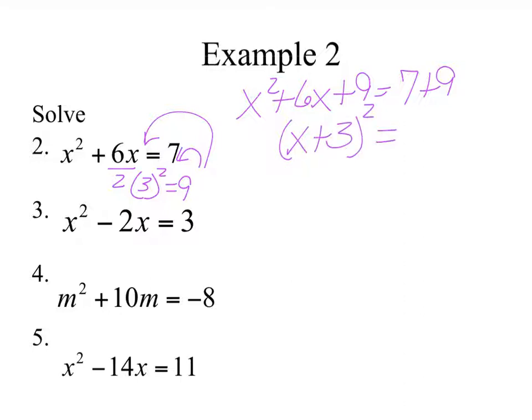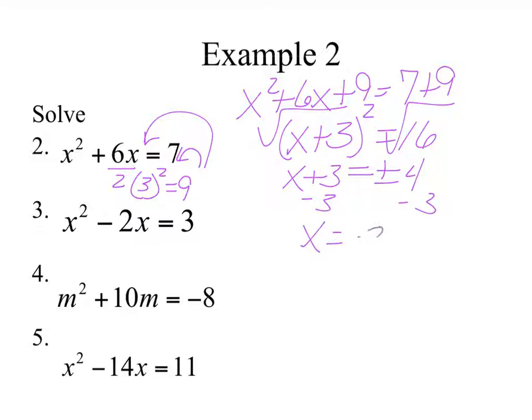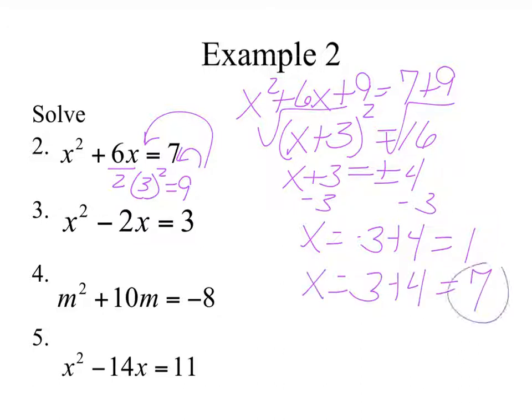And on the right-hand side, I'm going to end up with 16. Square root each side. x plus 3 equals positive or negative 4. Subtract 3 from each side. So x equals negative 3 plus 4, which is 1, or x equals positive 3 plus 4, which equals 7. So my two answers would be 7 and 1.